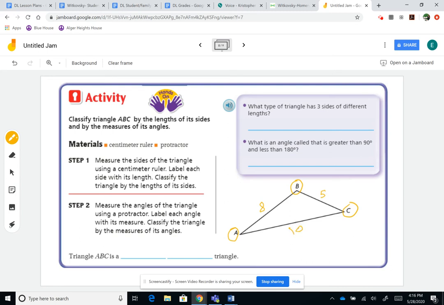Okay. Now, the angles here are different too. I'll give you the angles again. I'm going to change to green. This angle, angle A, because it's at vertex A, is 35 degrees. 35 degrees is an acute angle. Angle B is, hold on just a second.